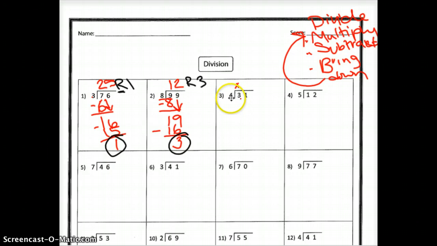That's not high enough. 4 times 7 is 28. And I know 4 times 8 is 32, so that would be too high. So I do 4 times 7, which is 28. I just multiply. Now I'm going to subtract. That's 3. And there are no numbers to bring down because I went into 31. So this problem is finished with a remainder of 3.